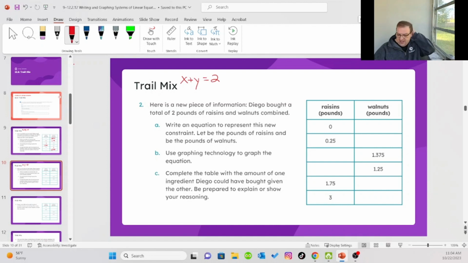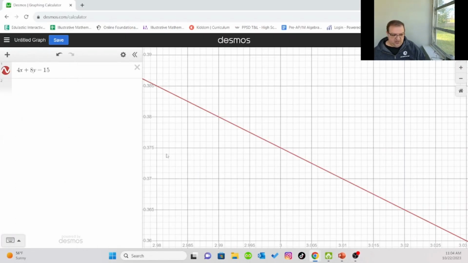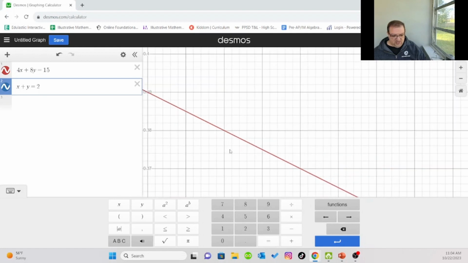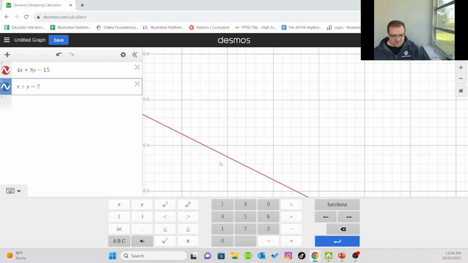Use graphing technology to graph the equation. So we're going to go back to the Desmos calculator. And now in number 2, we're going to type our new equation: x plus y equals 2. And then we're going to zoom out.